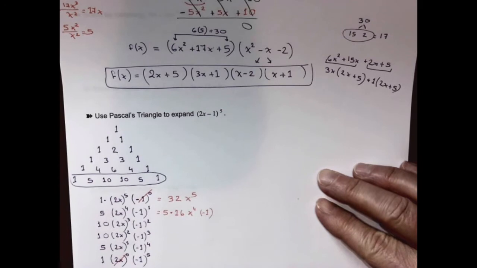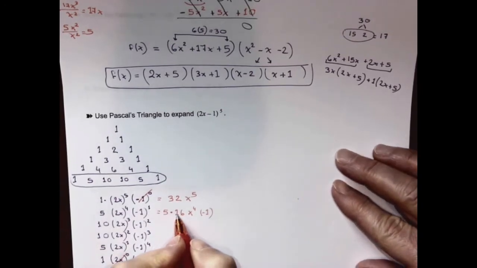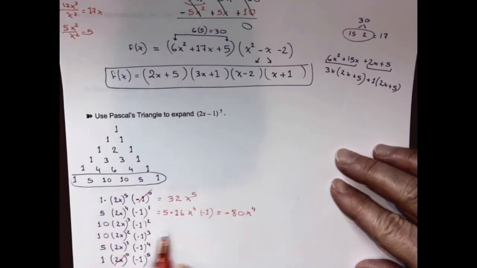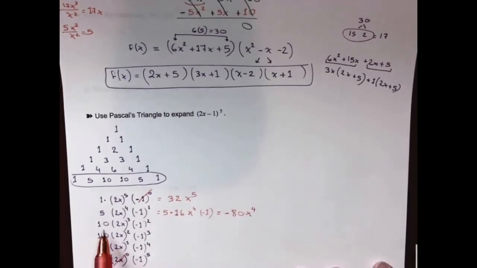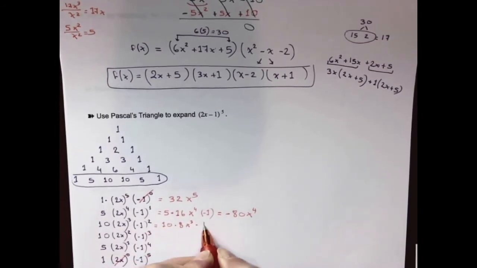Multiply all of that together, so what will that be? So that will be 80, right, and a negative. So negative 80x to the 4th. Alright, so this is going to be a 10. 2 cubed is 8. So times 8, x cubed. Negative 1 squared is just going to be a 1.